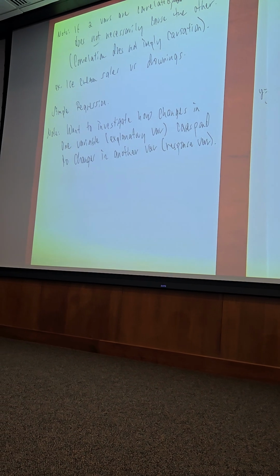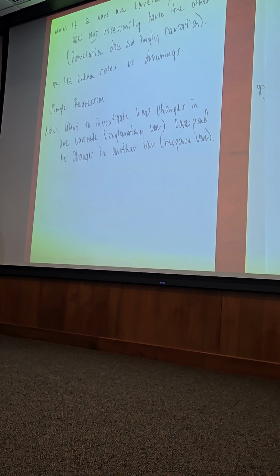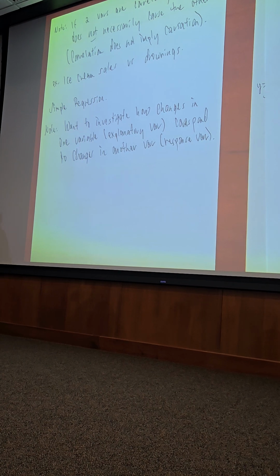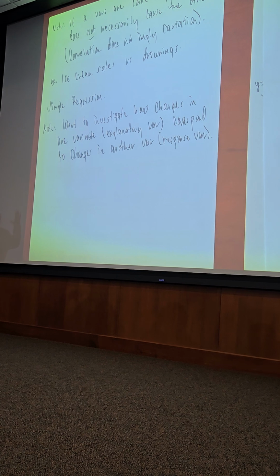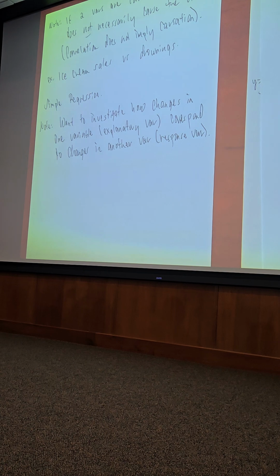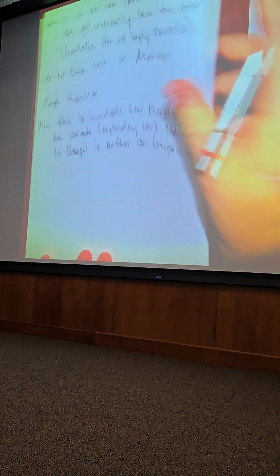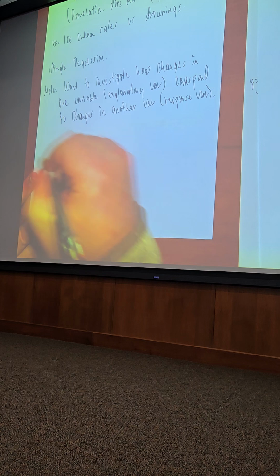And so we want to investigate how changes in one variable correspond to changes in another variable. Okay? And the technique that we're going to use to try and explain it like this is known as simple regression. So simple regression is going to allow us to kind of describe our data in this particular context. Now, just kind of bear with us for a little bit.